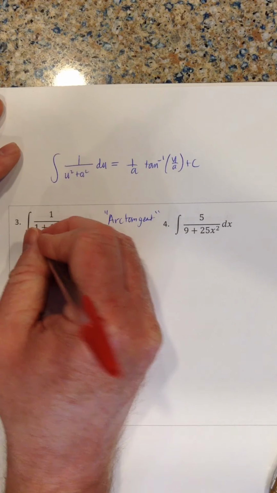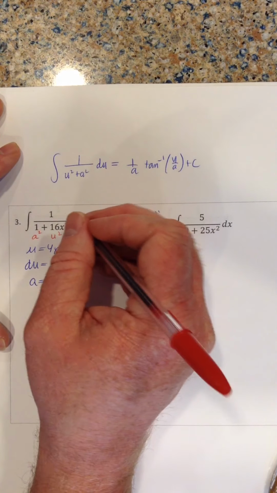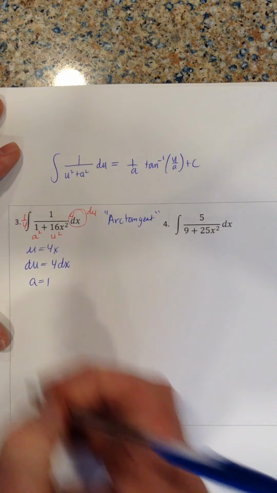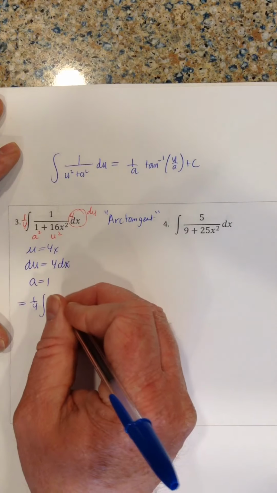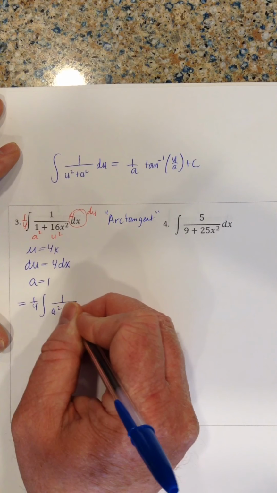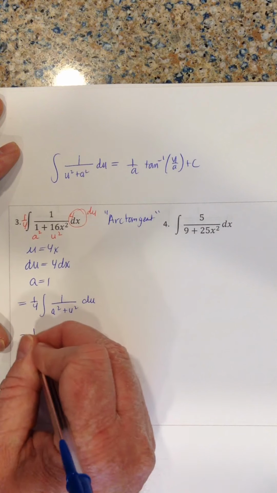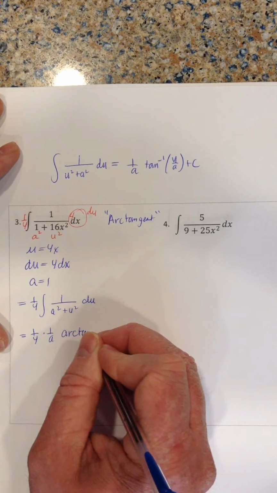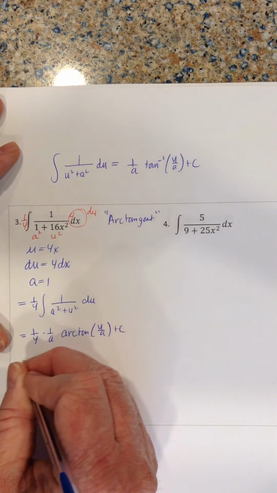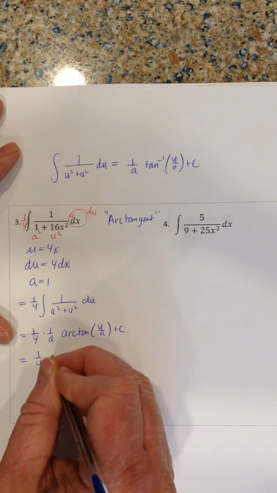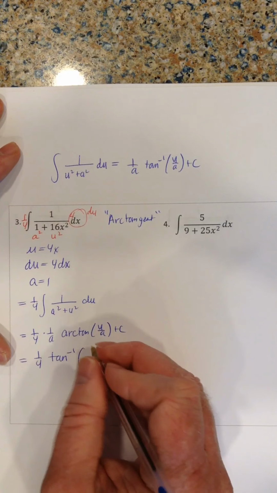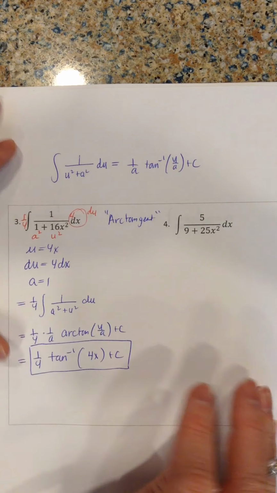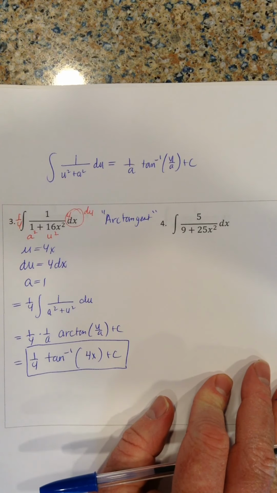So in this integral I have a squared, u squared, and I need a 4 and a 1/4 to make this my du. So I get 1/4 integral 1 over a squared plus u squared du. So that's 1/4 times 1 over a arc tangent of u over a plus c. So a was 1, so I get 1/4 arc tangent of 4x over 1 plus c. You notice I keep changing how I write my arc trig functions, and that's okay.